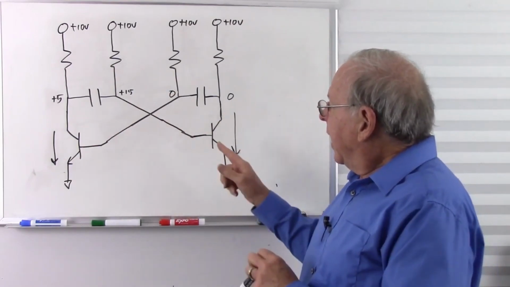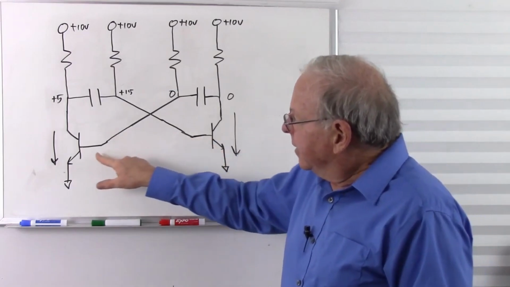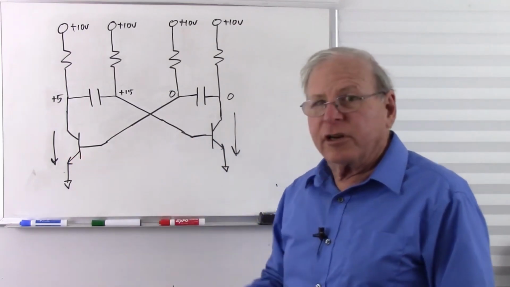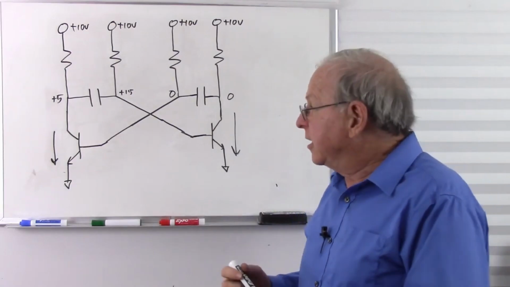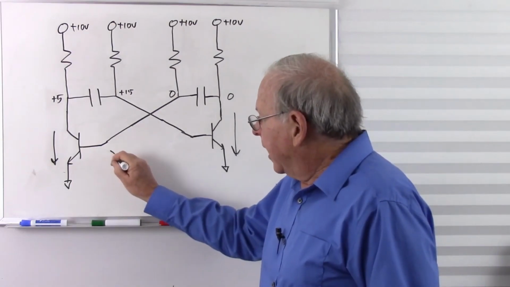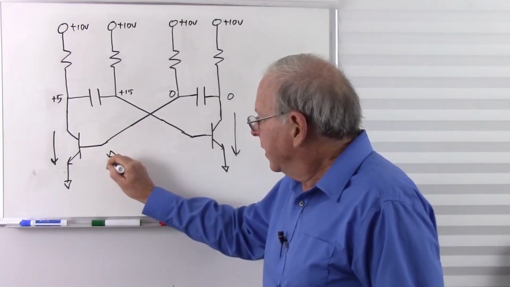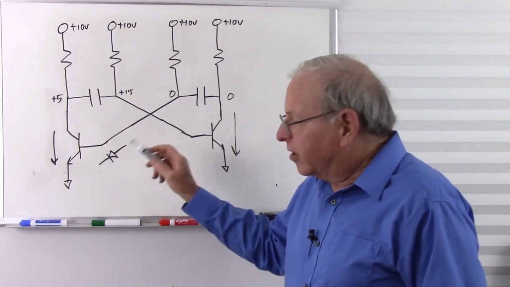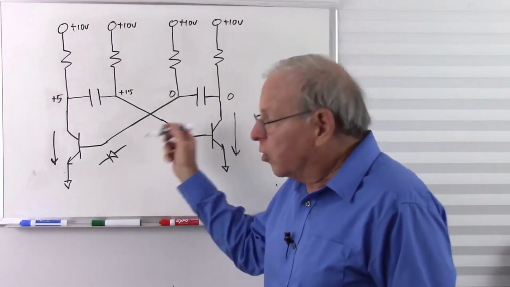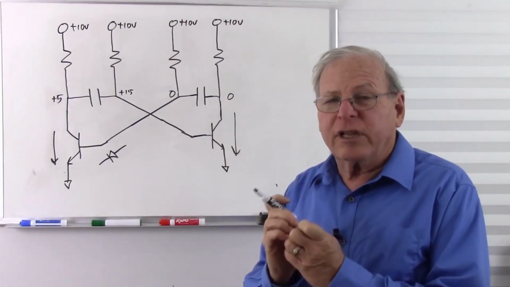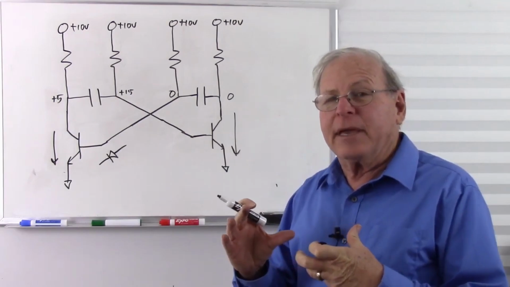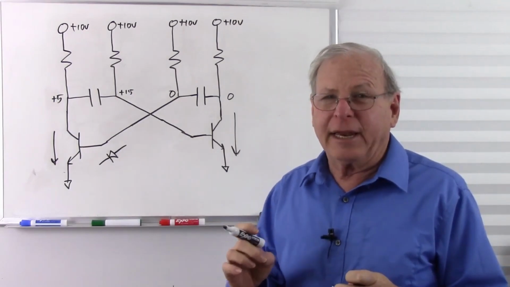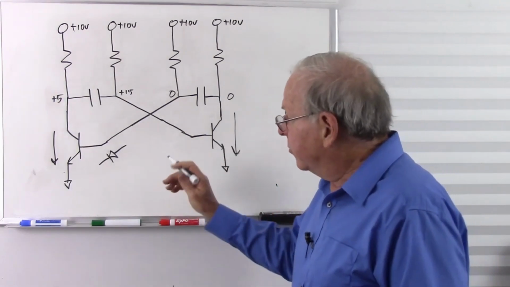So now we have a problem in that the nature of the base to emitter junction of this transistor is basically a diode. So I'll draw a diode in here. And the diode has characteristics such that if you pass more current through it, it lowers its resistance, if you will. It may not be the most traditional way to explain it, but that's practically how it works.